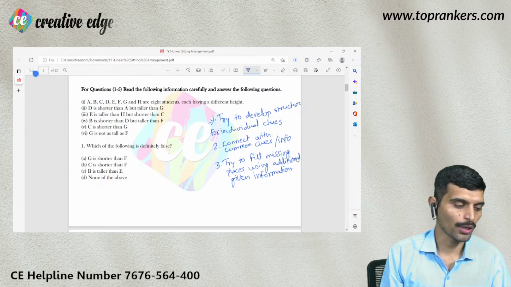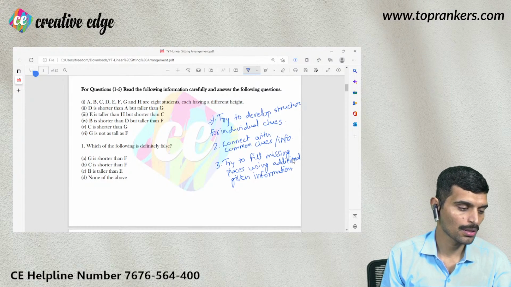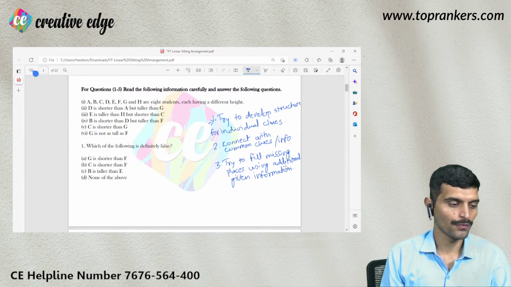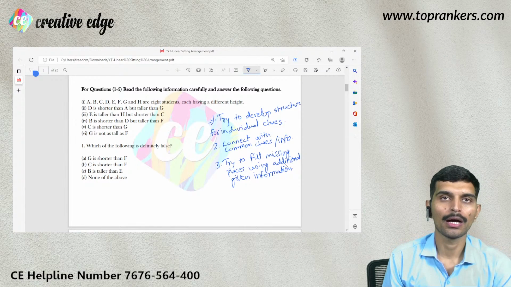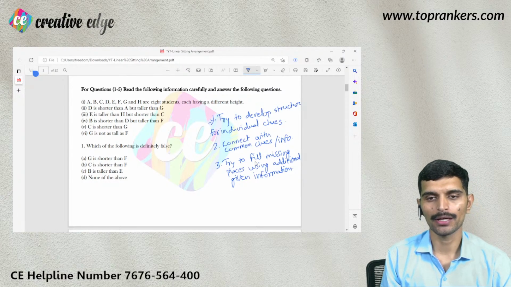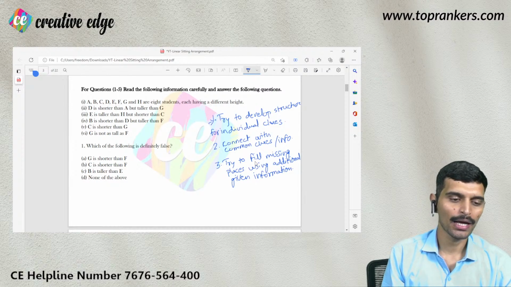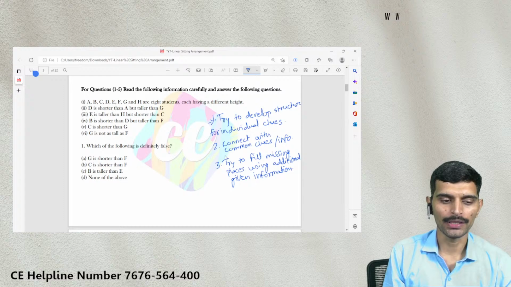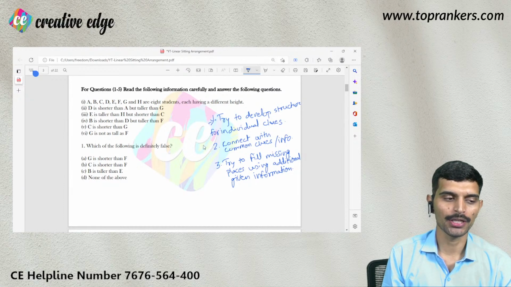After combining the clues, there are certain blanks still remaining, so we can fill those missing places using additional information.